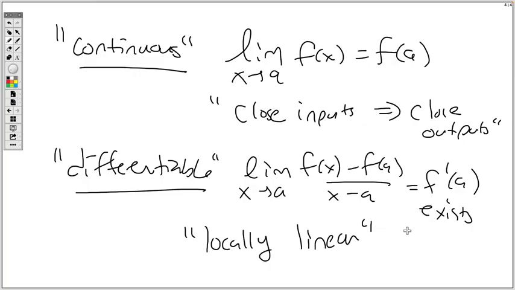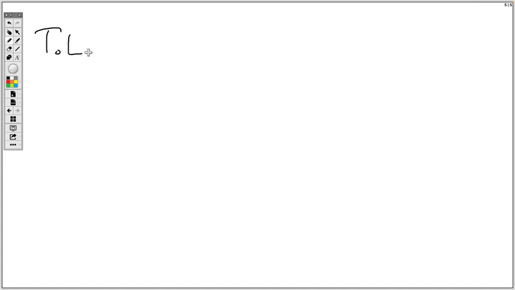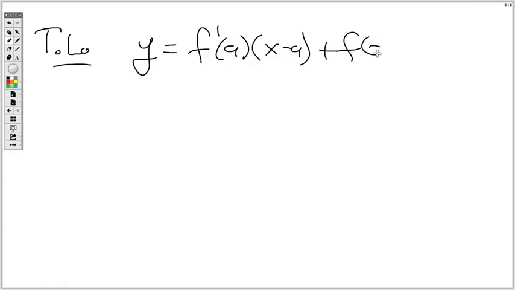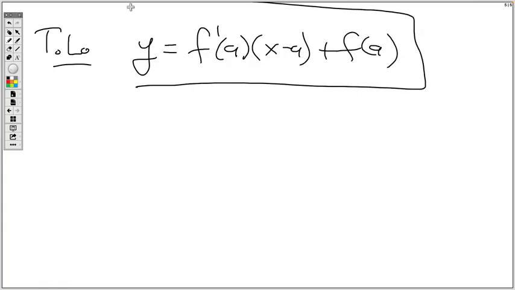So what happens in section 4.6 is we just kind of rebrand it, because we had our tangent line formula, y equals f prime of a times x minus a plus f of a. We used it for the last couple chapters.